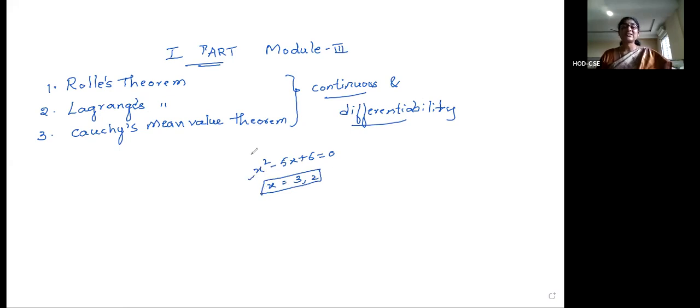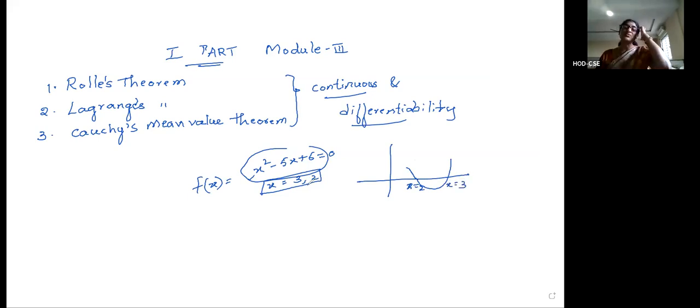That means this curve, f of x equals x square minus 5x plus 6, meets the x-axis at x equal to 2 and x equal to 3. That is the meaning of the roots of the equation. The point where it meets the x-axis is called a solution of the equation.